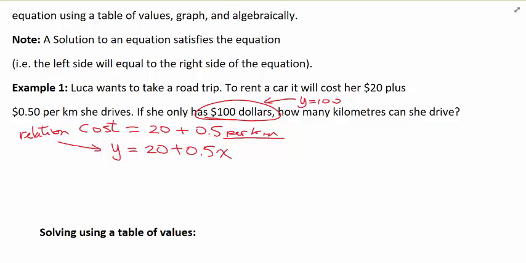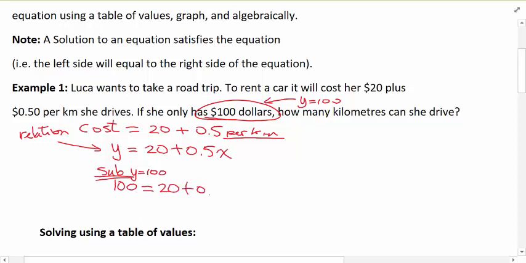You plug it in. So we're going to sub in y equals 100. So you get 100 equals 20 plus 0.5x. Okay, and so this, the textbook calls an equation. So this is the equation that we have to solve.